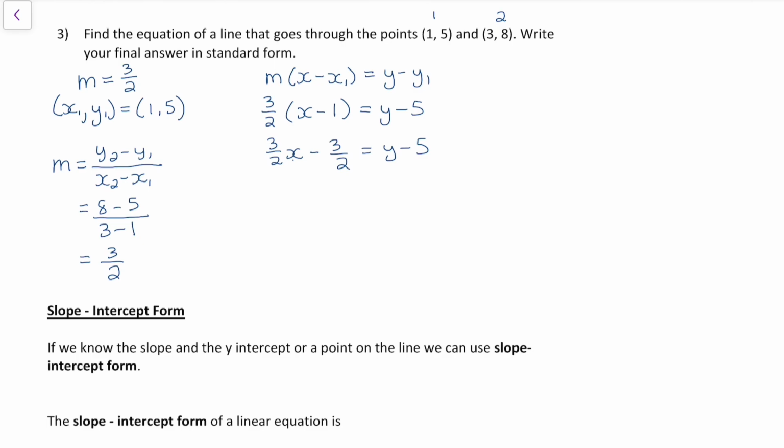I'm going to add 5 to both sides in order to get rid of my -5 on the left-hand side. And then I'm going to subtract y.